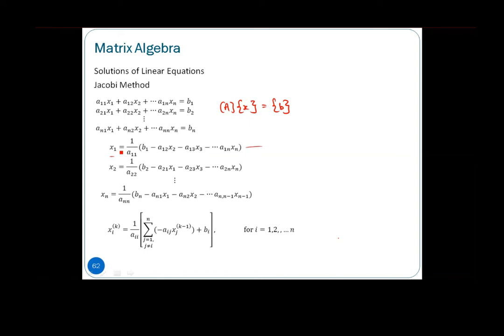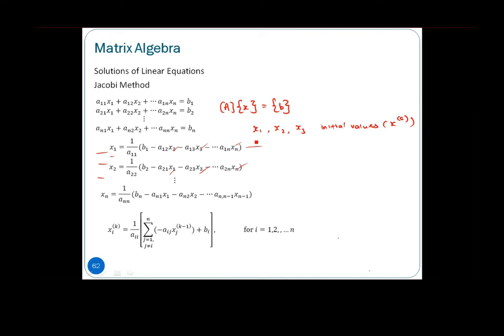Then to find this x1, x2, x3, you have to give predefined initial values for it to start, what we call our zeroth iteration. So you substitute into all these equations your x2, x3 until xn, x1, x3 until xn.